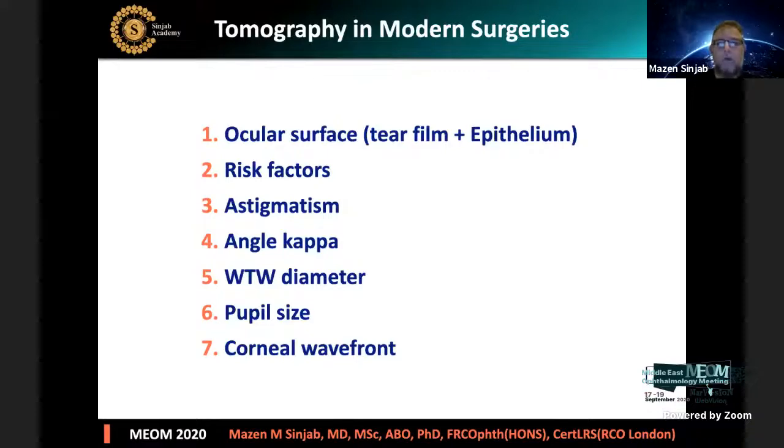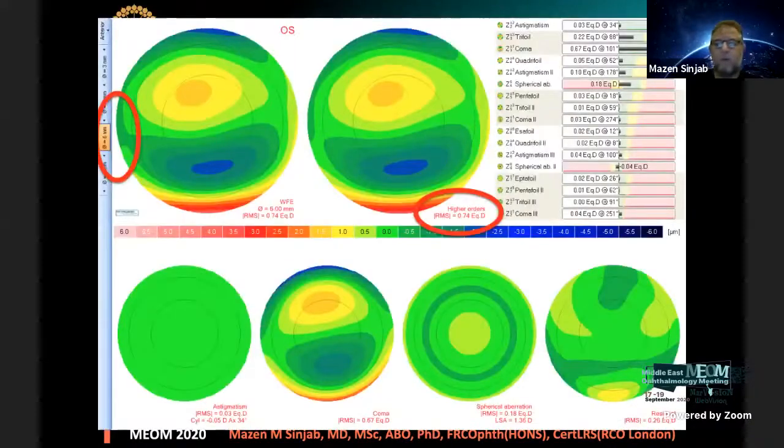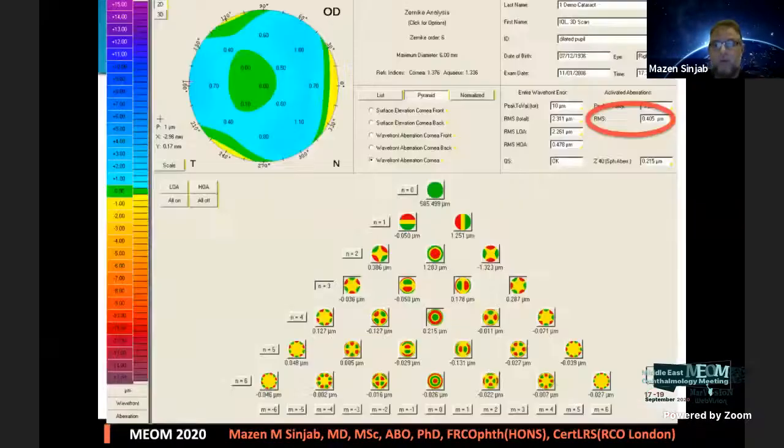Finally, I come to the corneal wavefront given by the corneal tomography. Corneal wavefront is very important, not only for laser-based refractive surgery, but also corneal-based refractive surgery, lens-based refractive surgery, and cataract as well, especially if we are planning for premium IOLs. Usually, we study the RMS of the high-order aberrations. The good thing in the Pentacam is that we can select the high-order aberrations that I want to check the amount of the RMS.